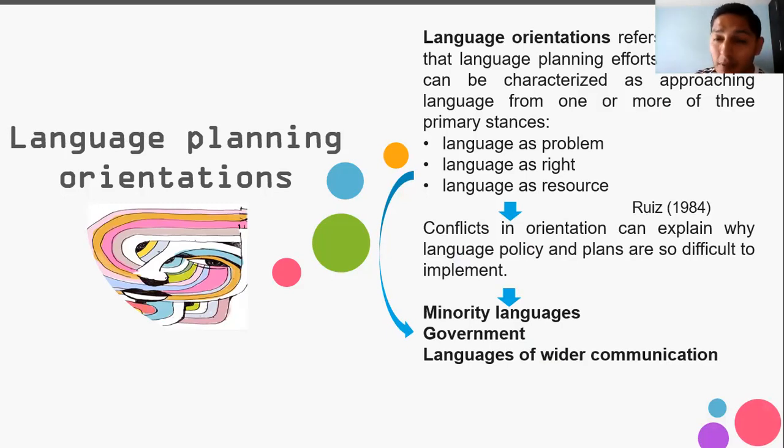Languages as problem are minority languages. The conflicts in orientation can explain why language policy and plans are so difficult to implement. So those might be the orientations that we need to set first and understand for their potential success.